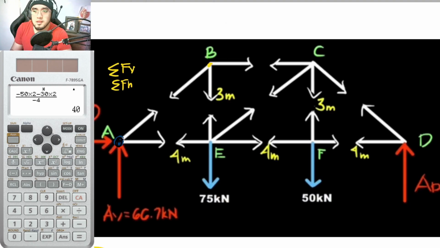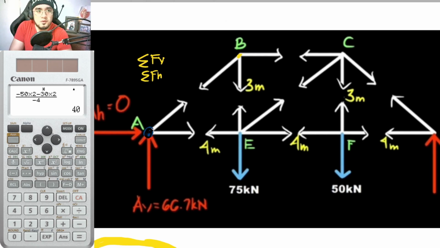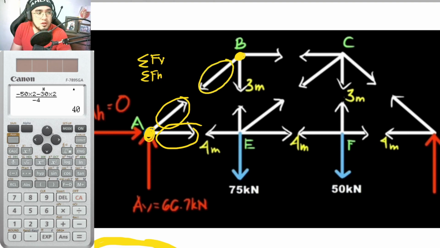Unlike before in method of joints, so suppose that you will be getting this particular joint here. So solving for this and solving for this, we only have two equations and two unknowns, so we can solve for both. And once that you will proceed here, this is already known.